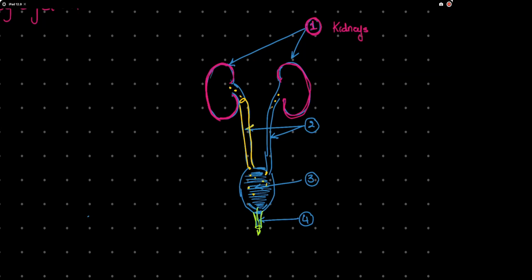What do we call those muscular tubes that carry the urine droplets down from the kidneys in the abdominal cavity to this muscular sac located in the pelvic cavity? Exactly, those are my ureters.